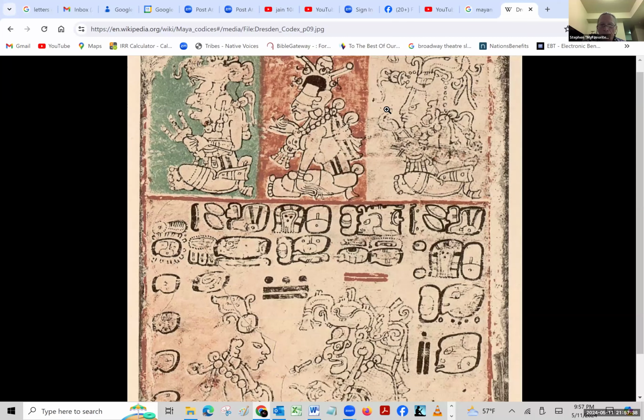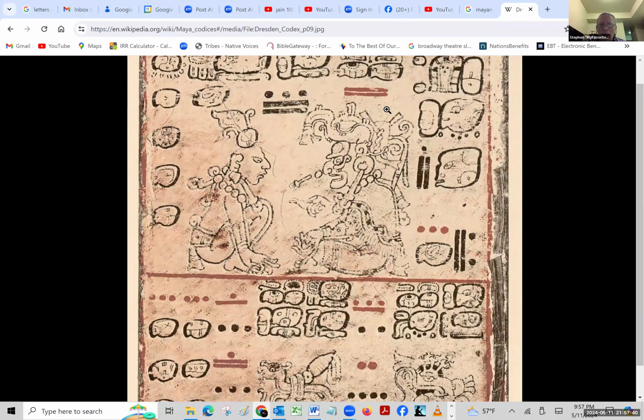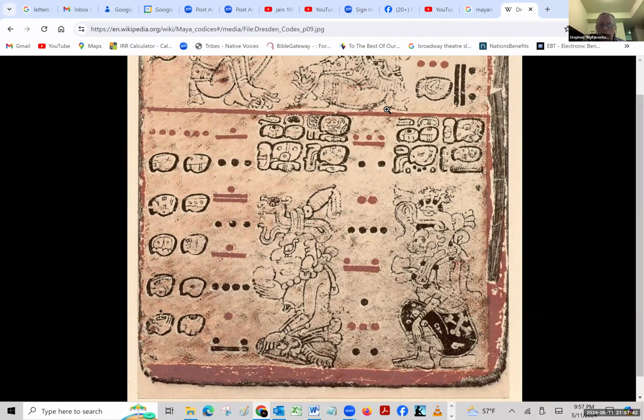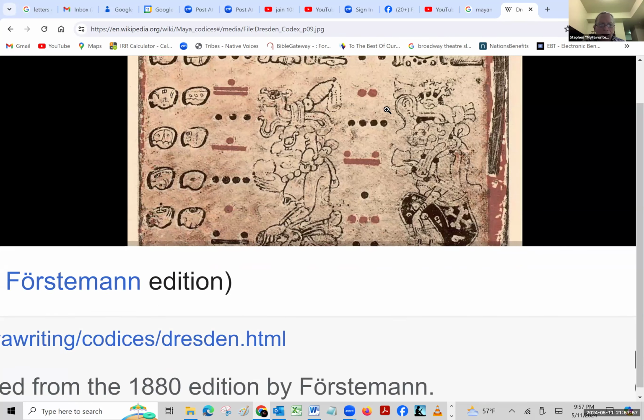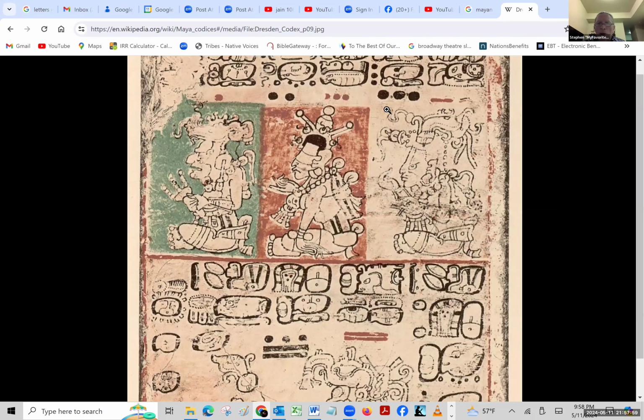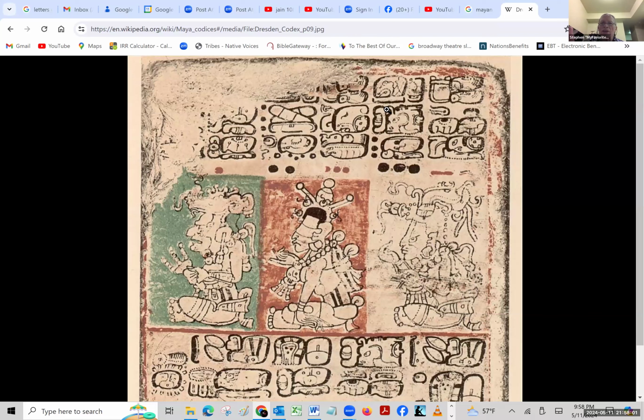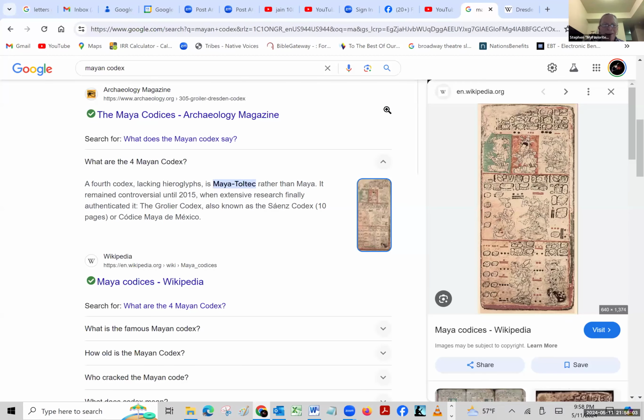There were tens of thousands of these writings, and most of them had to do with cultivating the ceiba tree, C-E-B-A, which was considered the tree of life among the Mayans, and they all had some very practical thing.